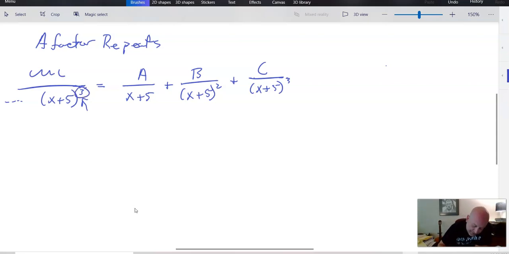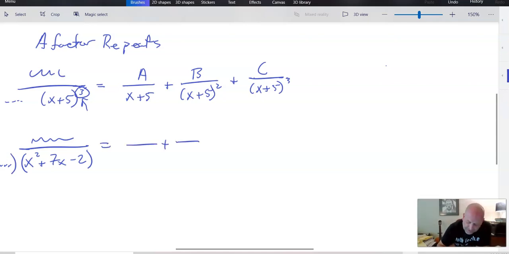Now, the other thing that happens is you have a quadratic factor or something with a higher degree than that. It could be a cubic factor, a quartic factor. But it basically works like this. If I have something like x squared plus 7x minus 2, and that doesn't factor, and keep in mind, there would be other factors in here, then we have all our fractions here that we're adding together.